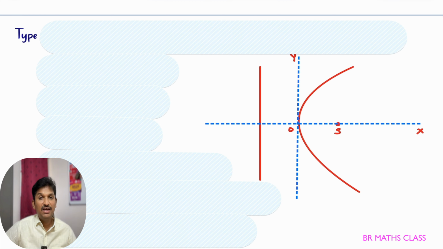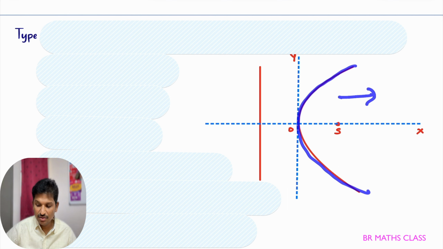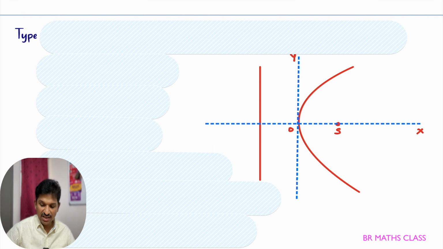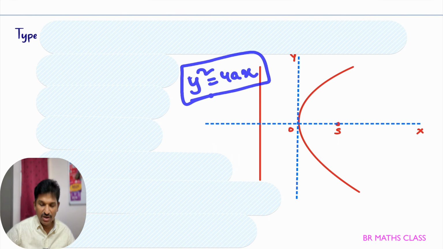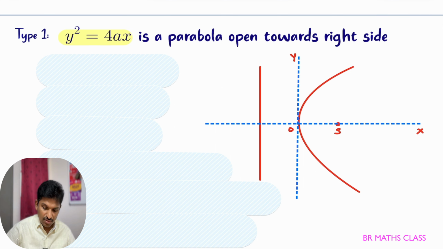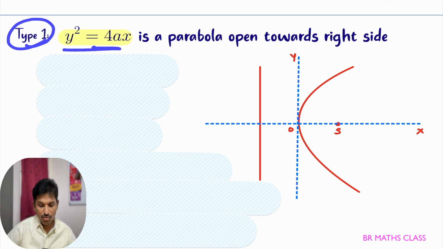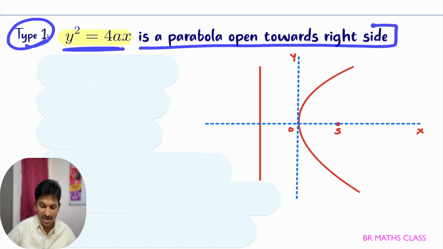You observe this diagram. This parabola is open towards the right side. What is the equation of this parabola? The equation of this parabola is y square equal to 4ax. This is known as the standard form of the parabola. This is the first type: y square equal to 4ax is a parabola open towards the right side.